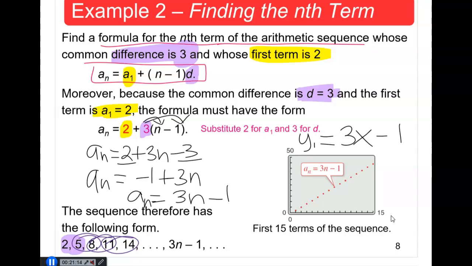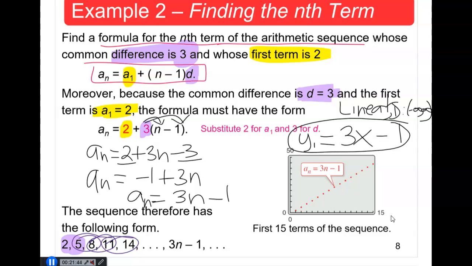Now, some calculators do have a function where you will graph it as an actual sequence, and not a function. And so the difference is that the domain for a linear function is all real numbers, so from -infinity to +infinity.